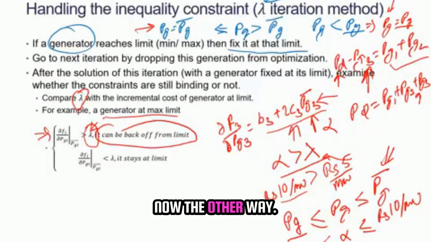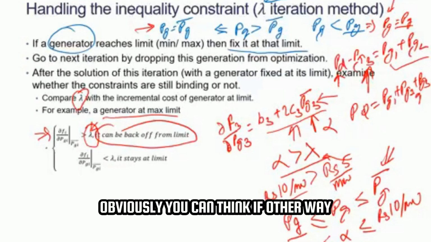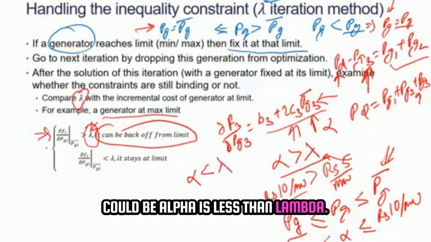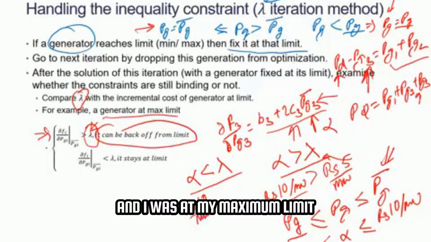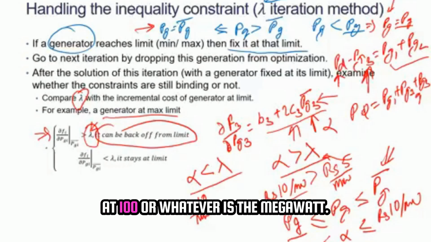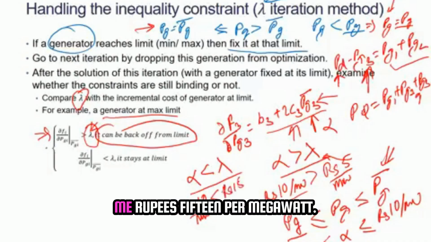Now, the other way you can think, could be alpha is less than lambda. So that means, let's say my asking price was 10 rupees per megawatt, and I was at my maximum limit at 100 or whatever is the megawatt, and system operator is offering me 15 rupees per megawatt.